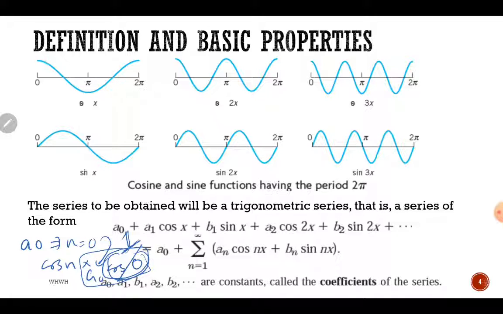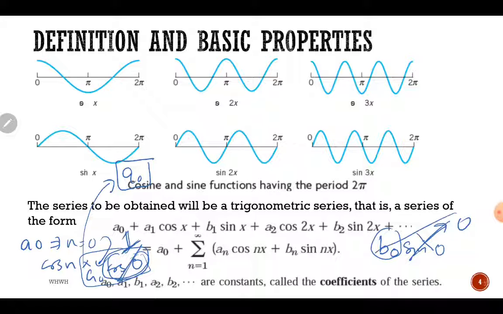Kan? Dah beribu kali dah saya bagi tahu, and I'm sure by now you all pun dah boleh ingat. So that's why we have a0 alone, because cos 0 is equals to 1. Kita sebenarnya ada b0 sin 0. However, sin 0 is equals to 0, so b0 pun gone, everything become 0. So that's why lah kenapa b0 ni tak wujud. Alright?